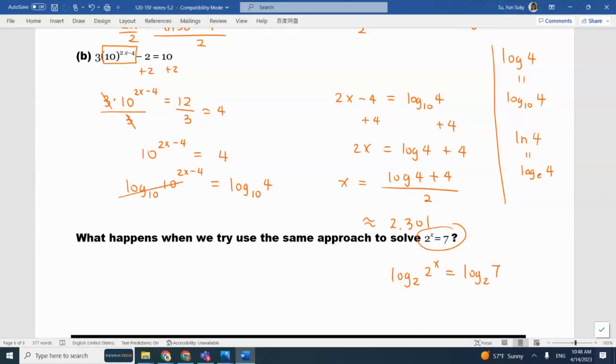Do you see log 2 cancel? You get x. But your calculator only has the log button and the ln button. It does not have a log base 2 button. So how do we calculate this? Well, we need section 5.3, which is the change of base formula, in order to do this.